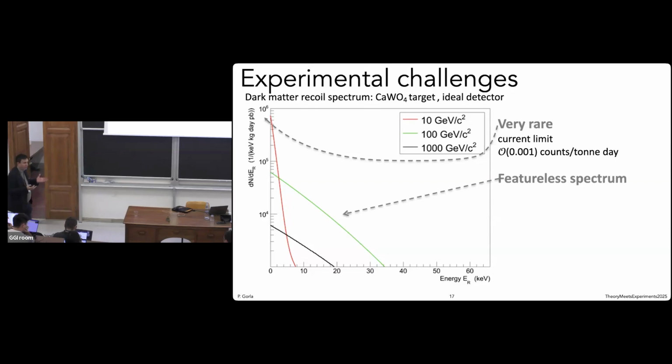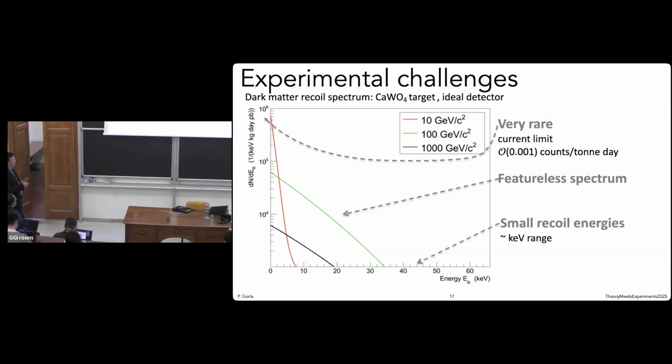This is another problem, because some kind of fluctuation near the threshold in a real detector is something very common. And of course, near the threshold, the behavior of the detector is usually tricky. That's why you cannot push the threshold even lower. So having a spectrum that doesn't have any nice feature makes your hunt more difficult.